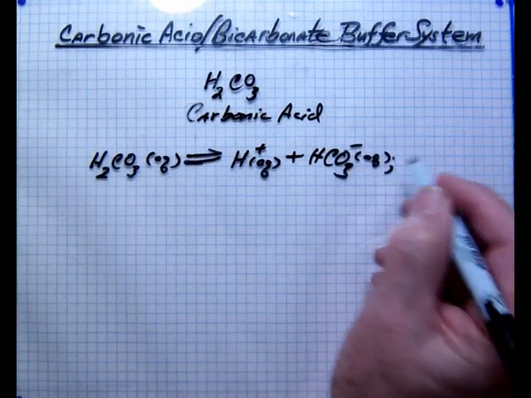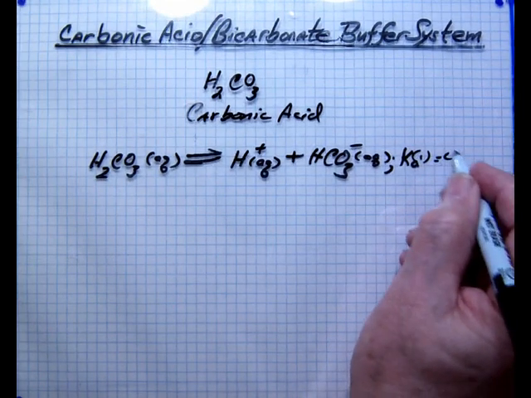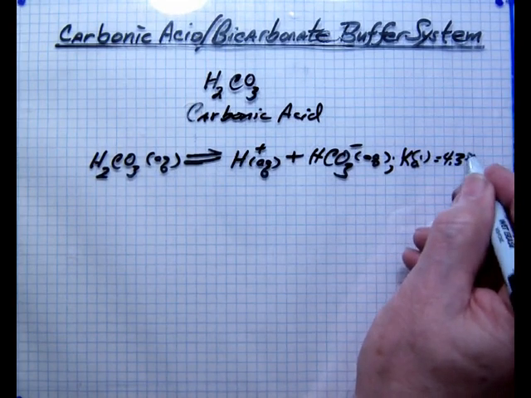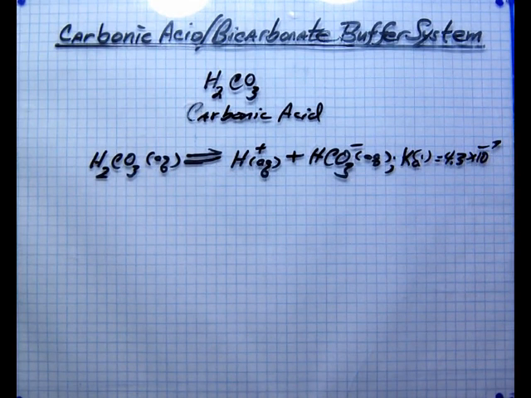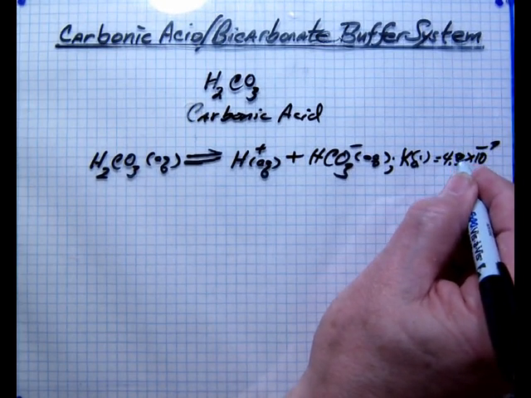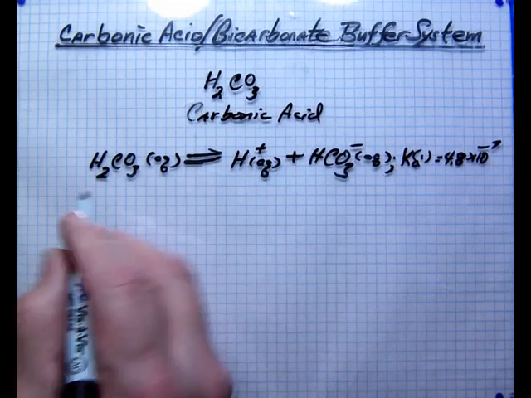The first ionization step, Ka1, is 4.3 times 10 to the minus 7.